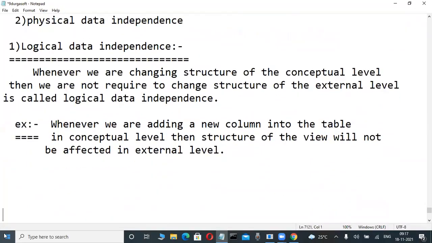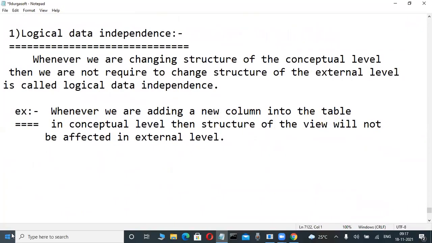Practical, I'm showing those things. That's why views and the table related concept is logical data independence.